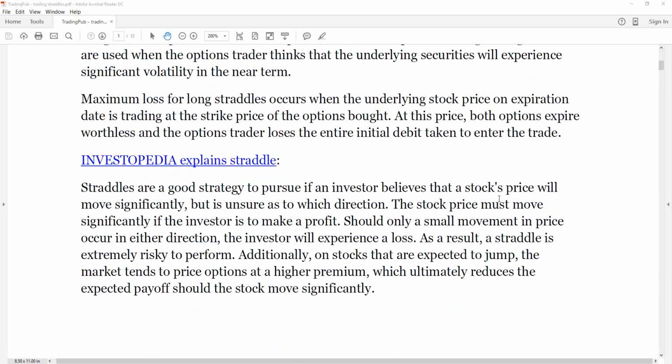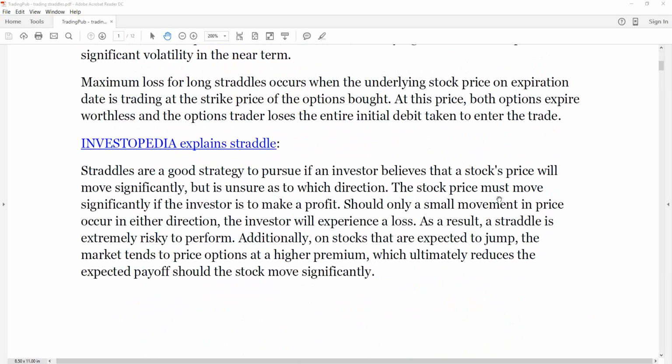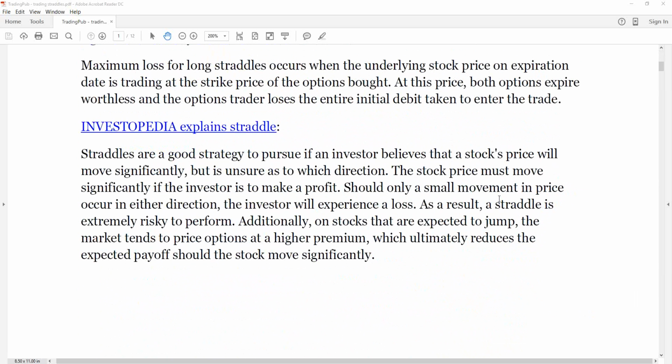And also a definition by Investopedia. Straddles are a good strategy to pursue if an investor believes that the stock price will move significantly, but is unsure as to which direction. The stock price must move significantly if the investor is to make a profit. Should only a small movement in price occur in either direction, the investor will experience a loss.